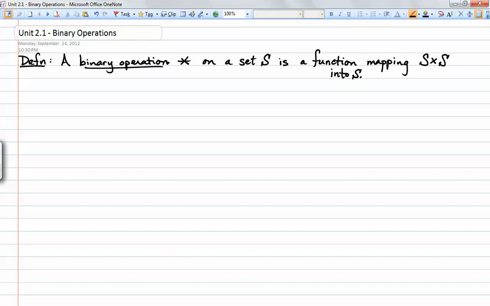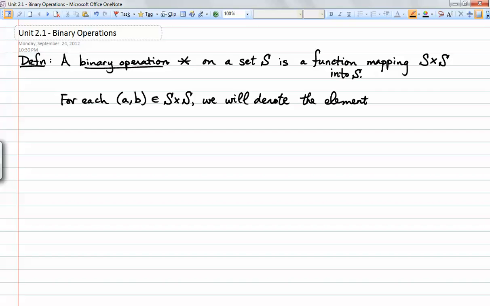So another way of looking at this is for each pair AB that's in S cross S, we will denote the element, and remember this is a function, so A comma B, right?